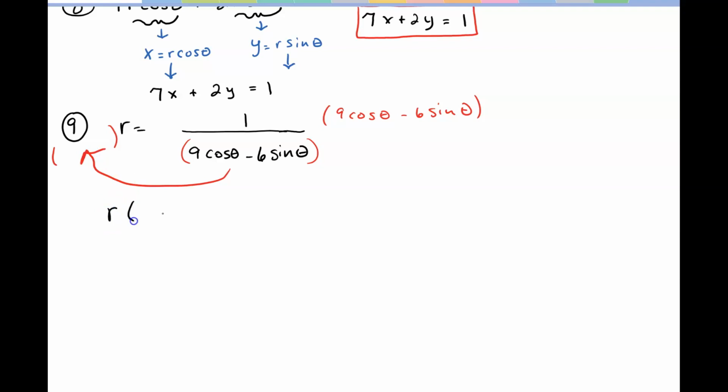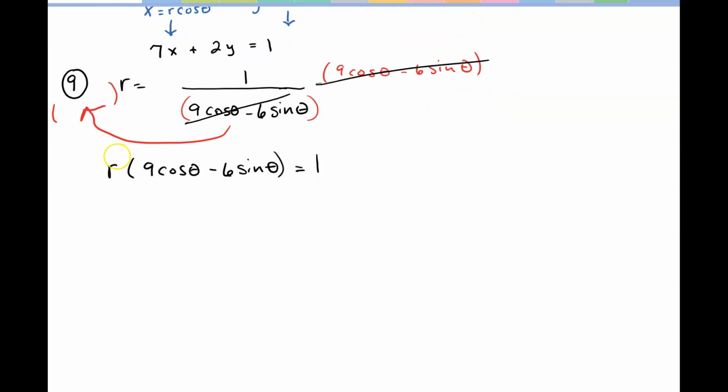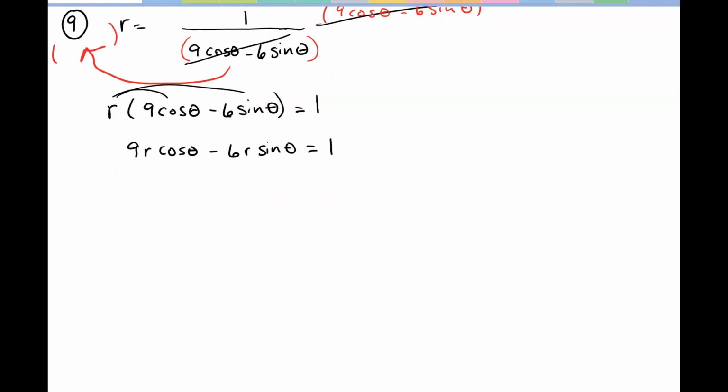We're going to have r multiplied by 9 cosine theta minus 6 sine theta. Now this has the effect of crossing itself out, so we're going to set this equal to 1. Now I have my r that I can distribute. I have 9r cosine theta minus 6r sine theta, and set that equal to 1. And you should start seeing what's going on here.